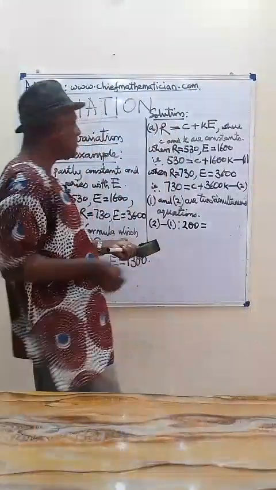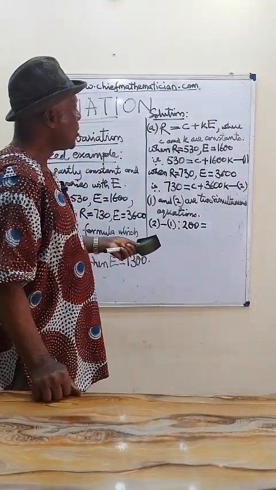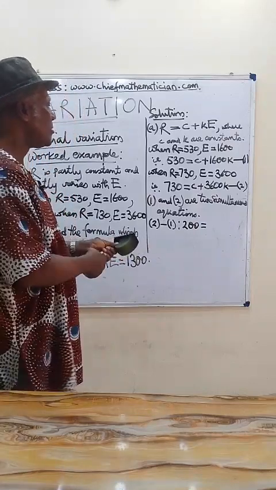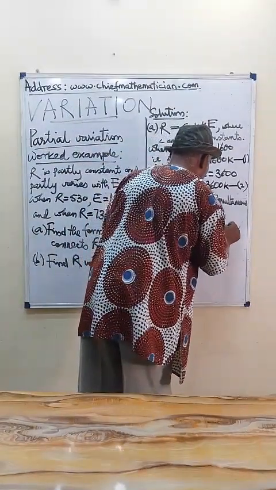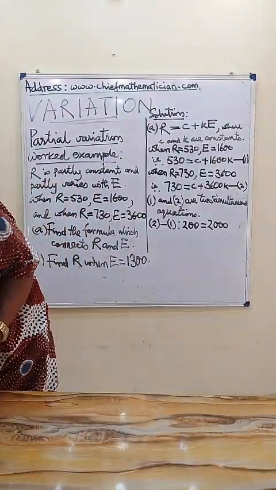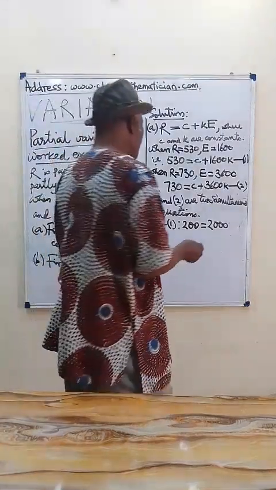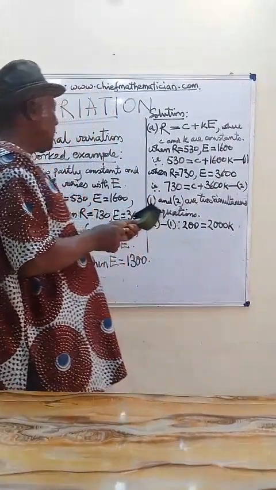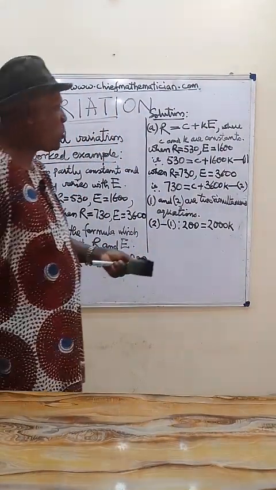C, we cancel C. 1,600 taken from 3,600. What do we get? 2,000. K, of course. If you subtract equation 1 from equation 2, you get 200 is equal to 2,000 K.